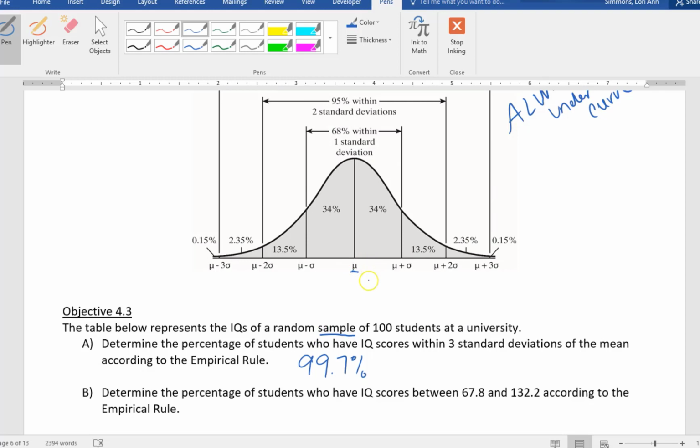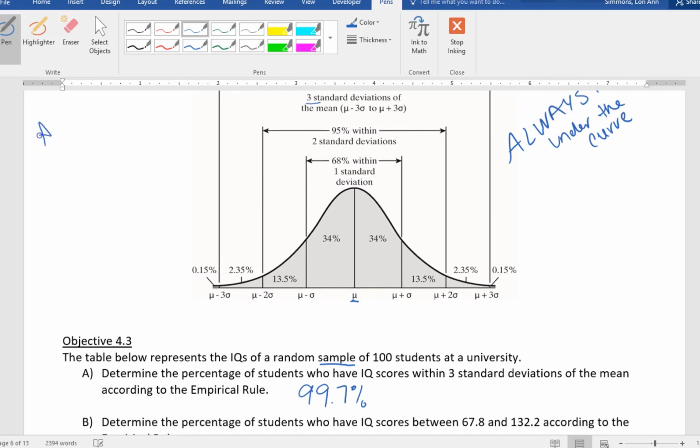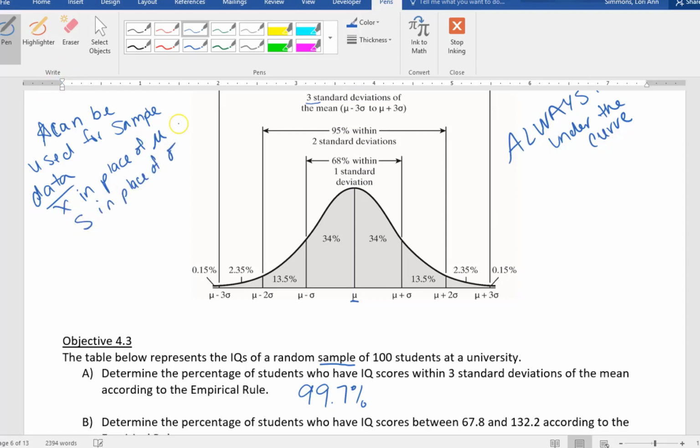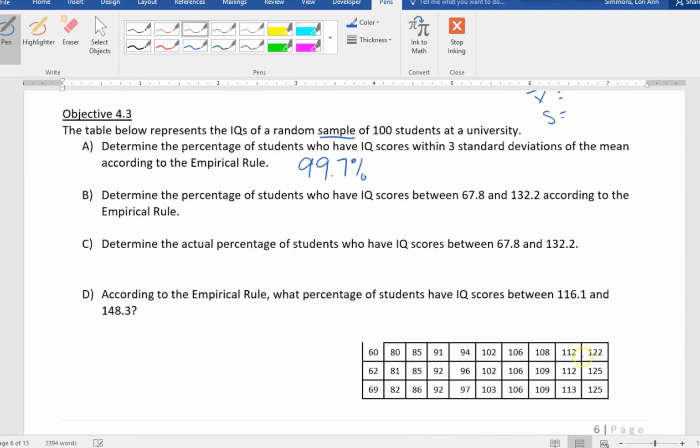These symbols are for population, so this can be used for sample data: X bar in place of mu, and S in place of sigma. So let's figure out what our X bar is and our S for these 100 scores.